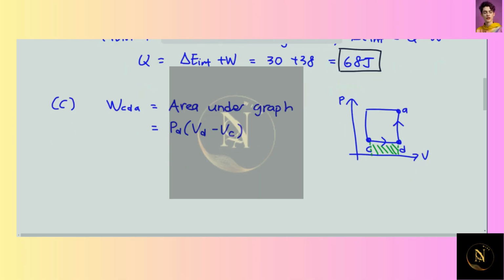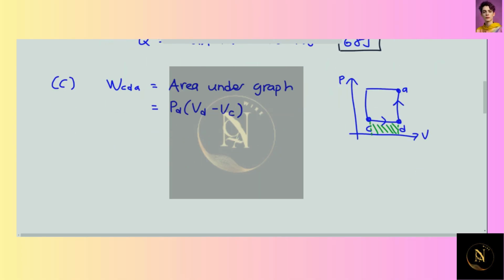And then to calculate WABC, we have to include this additional area. We are given that PA is 2.2 PD, so it will be PA times VB minus VA.